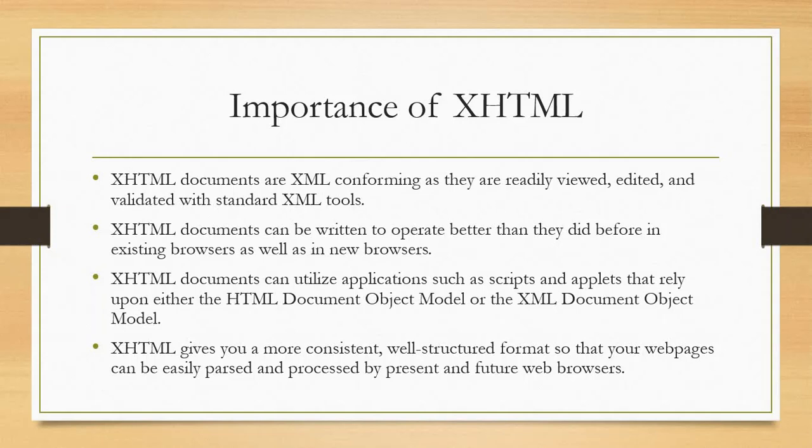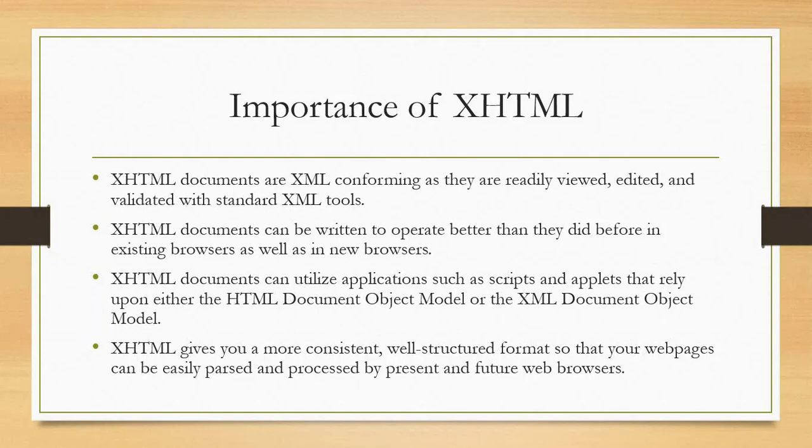XHTML also is easier in utilizing applications. Later in the course, when we use JavaScript and CSS, you'll see that there are two ways we can do this. We can embed the code, or we can have it stored on our specific web server and referenced as a URL.